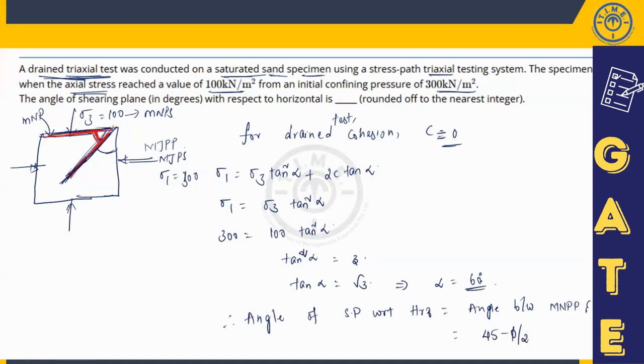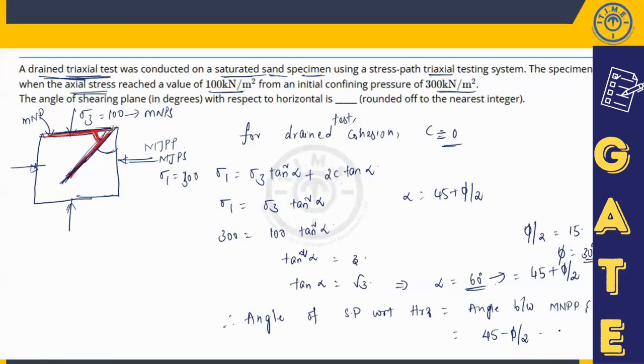So alpha equal to 60 degrees means what is phi? We know alpha equals 45 plus phi by 2, so 60 equals 45 plus phi by 2. Phi by 2 is 60 minus 45, that is 15. Phi equals 30 degrees.